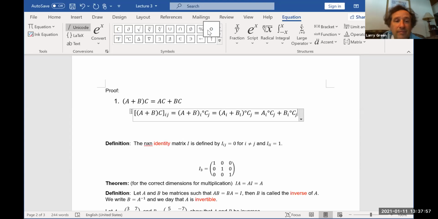Okay, why am I done? You just did it. Yeah, because you look at the right-hand side, Ai dot Cj is the ijth component of AC. So I guess maybe I should write that down.